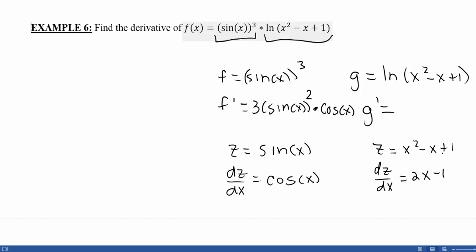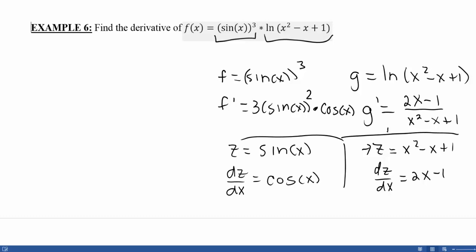And usually what happens is that the dz dx gets multiplied into the numerator. So that means I'm going to have 2x minus 1, my dz dx, times 1 over z. But my z is x squared minus x plus 1. So I had to use a chain rule for both of these to find their respective derivatives, but within the framework of a product rule.